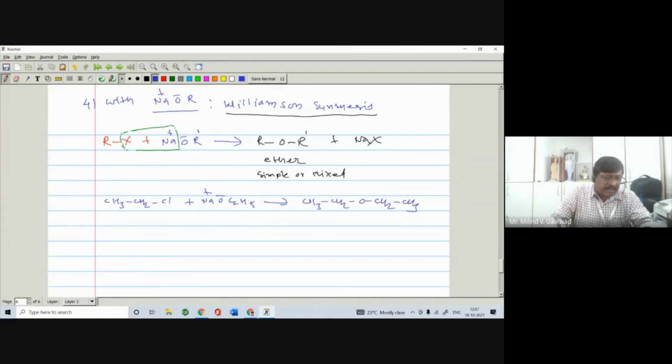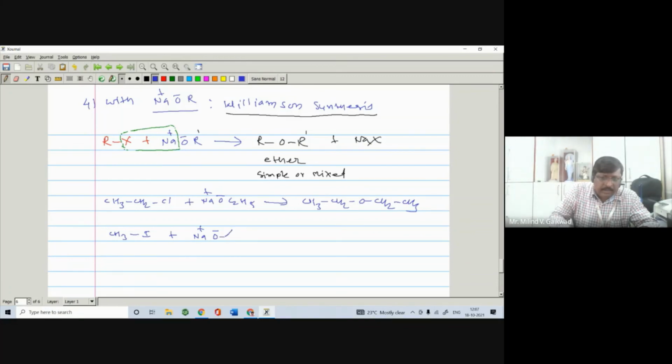It is a simple ether. But suppose both are different, here is the CH3 and here is the iodine, an alkyl halide. And you can take the sodium alkoxide, in this case sodium phenoxide.